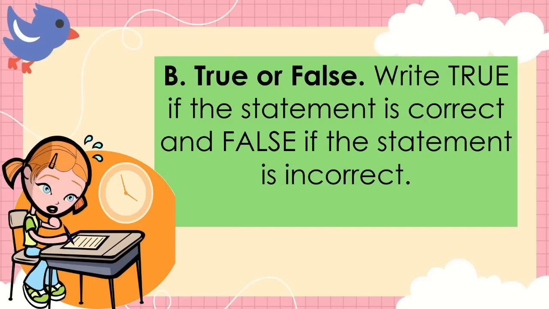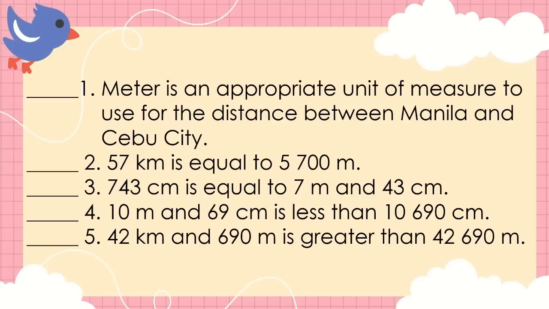True or false? Write true if the statement is correct and false if the statement is incorrect. 1. Meter is an appropriate unit of measure to use for the distance between Manila and Cebu City. 2. 57 kilometers is equal to 5,700 meters. 3. 743 centimeters is equal to 7 meters and 43 centimeters.